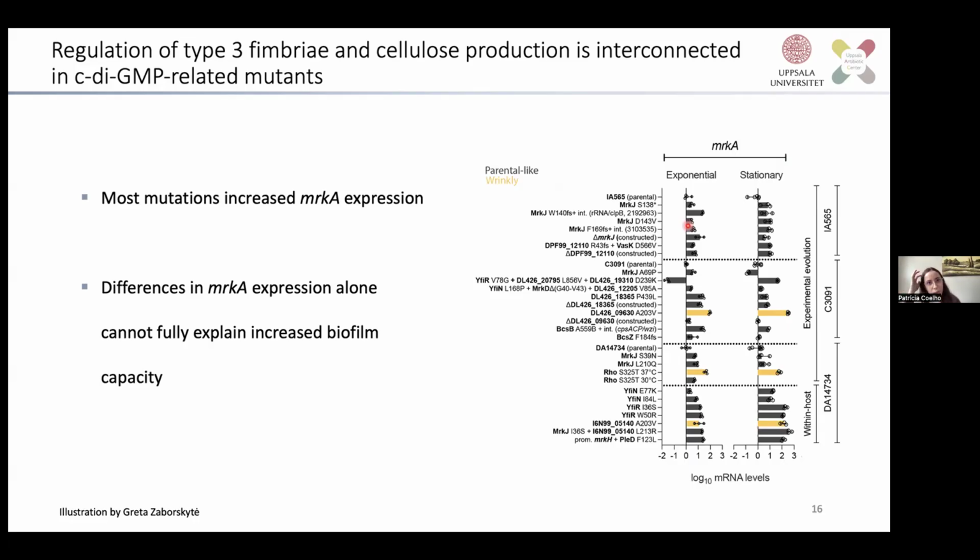We would think that the more biofilm these strains are producing, the higher the expression of MRKA would be, and we didn't exactly see that. So we don't have an exact trend that could explain why these bacteria form biofilm so well. We concluded that differences in MRKA expression alone cannot fully explain the biofilm formation capacity of these strains.